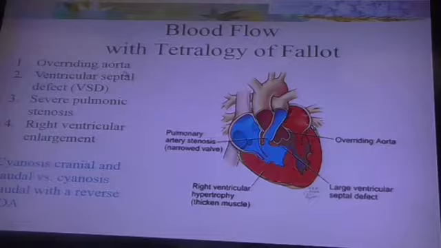Because the aorta is sitting over both chambers, when the blood leaves the right atrium and the right ventricle, where does it go? Into the aorta, and so it is non-oxygenated. That's why those pets are cyanotic, cranial and caudal. With the reverse PDA, they're cyanotic caudally. We'll talk about that now.